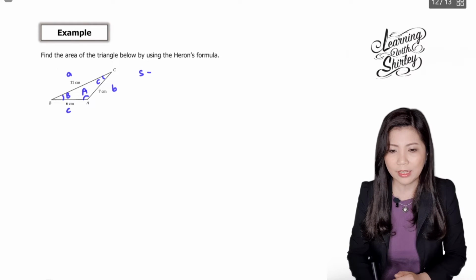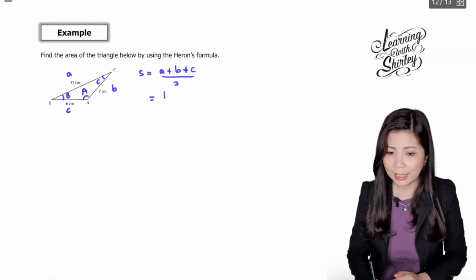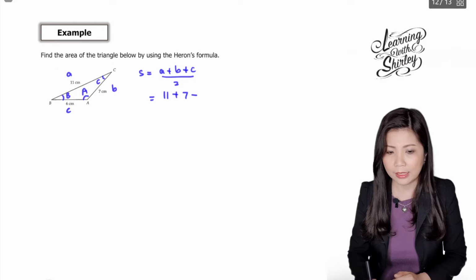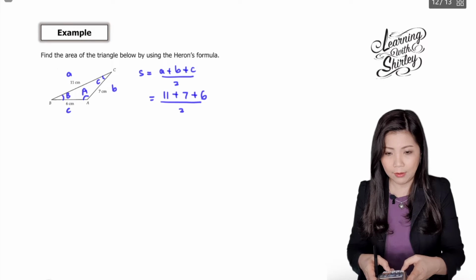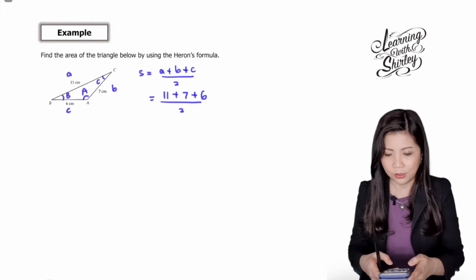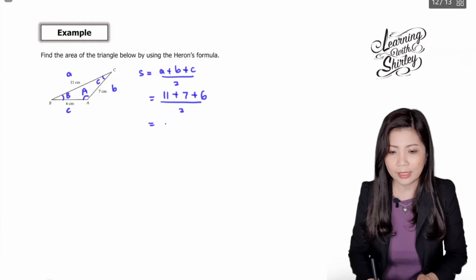First I need to find the semi-perimeter, which is a plus b plus c over 2. a is 11, b is 7, and c is 6, all over 2. So 11 plus 7 plus 6, divided by 2, we get 12. Therefore s is 12.